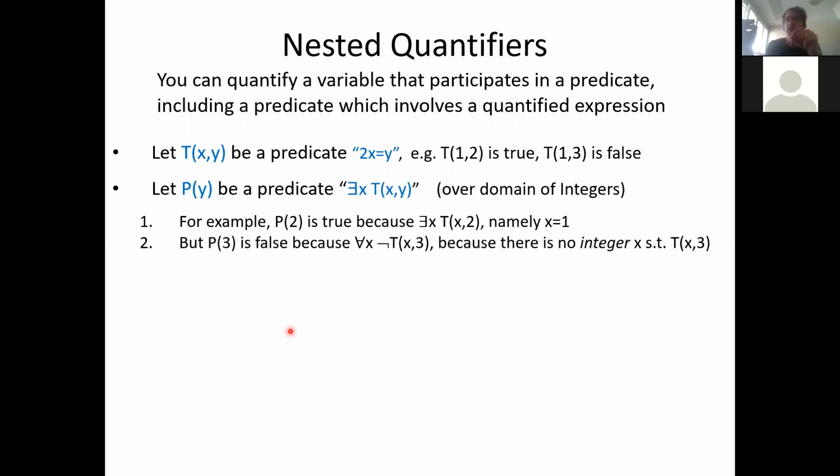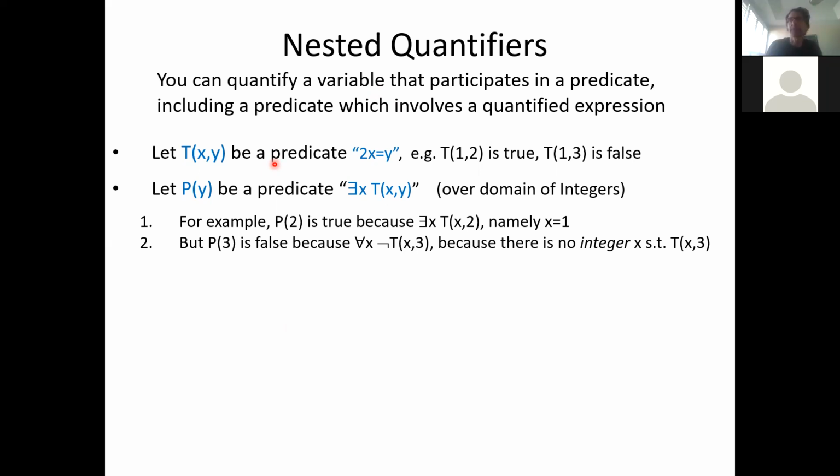Now we can nest quantifiers. So it makes perfect sense to say something like, for all x's, there exists a y such that some formula involving both x and y holds. The way to think about these nested quantifiers is to, in your mind, unnest them.